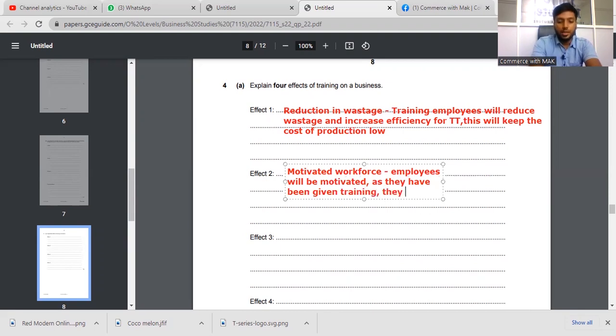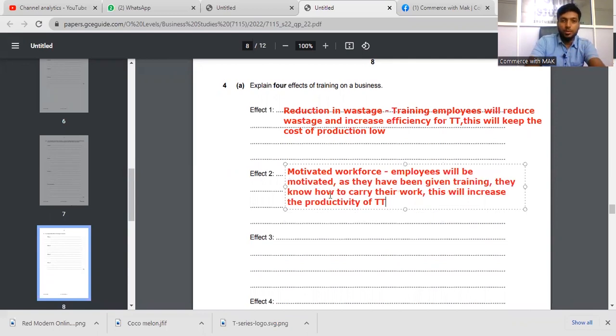They know how to carry out their work. This will increase the productivity of them. So we spoke about 2 effects.